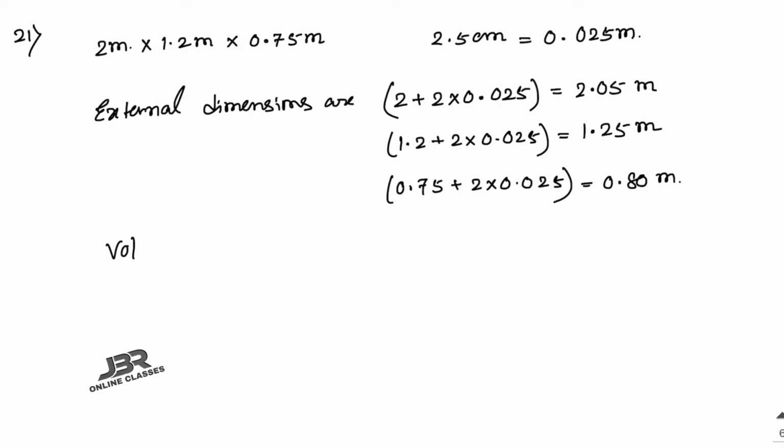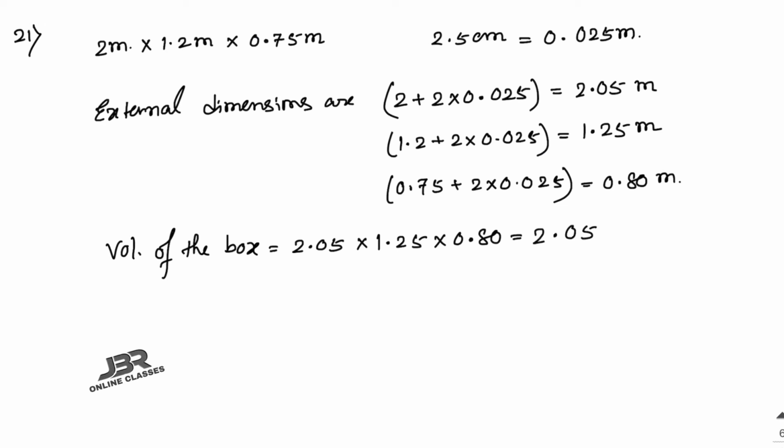So now the volume of the box equals 2.05 into 1.25 into 0.80, and that equals 2.05 meter cube. That is the external volume.